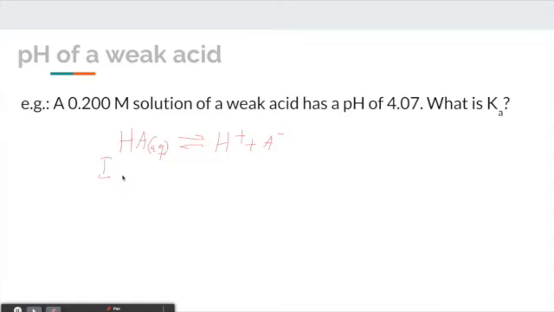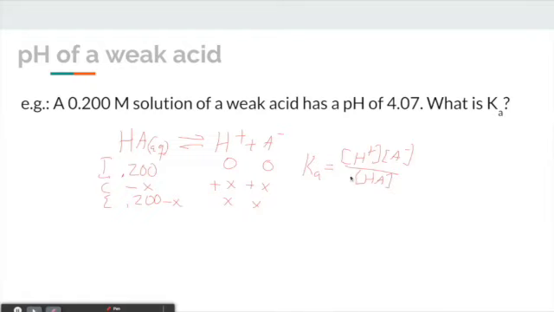Initially, the concentration of HA is 0.200. Before it ionizes, there won't be any of the two products. Change is 1-to-1, so minus X, plus X, plus X. And at equilibrium, this will be 0.200 minus X, and this will be X, and this will be X. So Ka is going to be the concentration of H plus times the concentration of A minus, whatever those are, divided by the concentration of HA once we reach equilibrium.